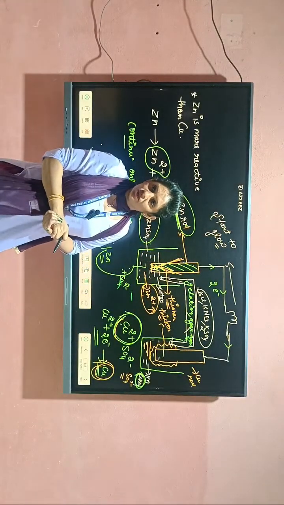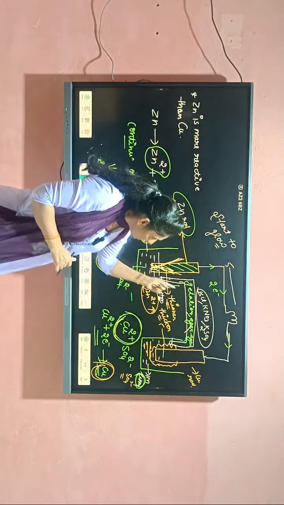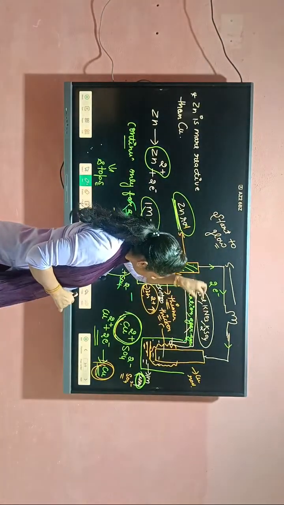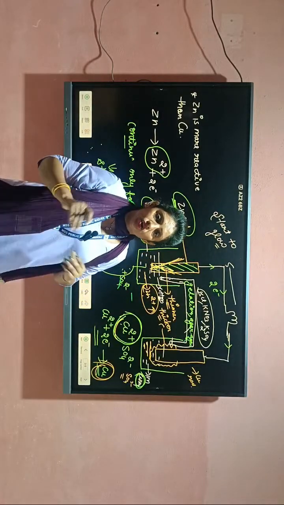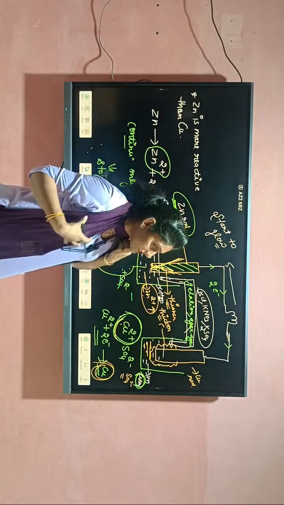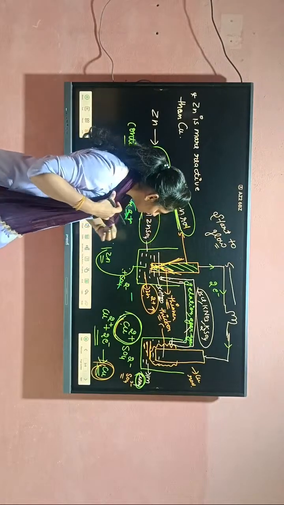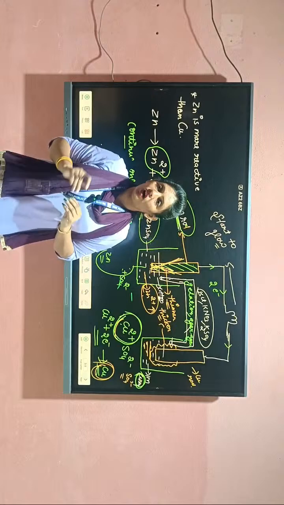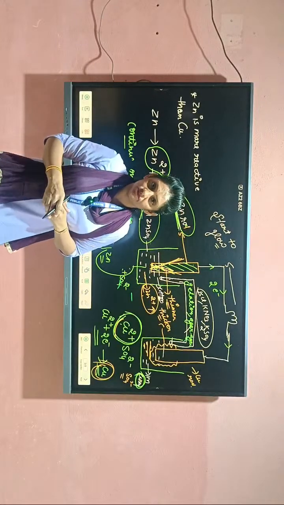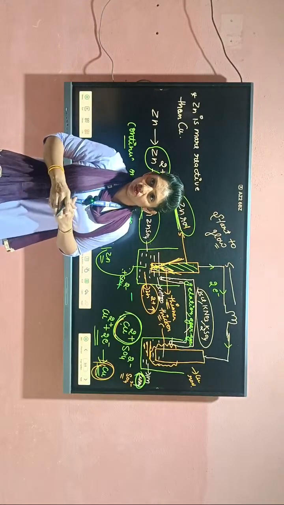Clear or not? So students, this salt bridge is used for maintaining the neutrality. And after setting this, it will work in a continuous manner. Is it clear to you or not?